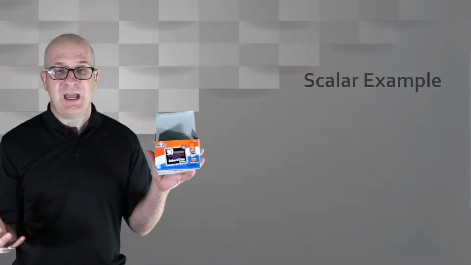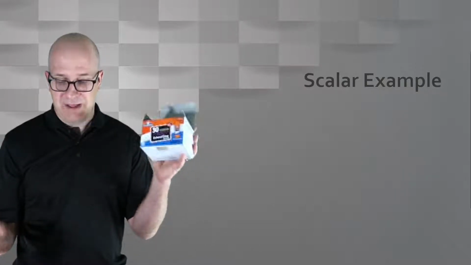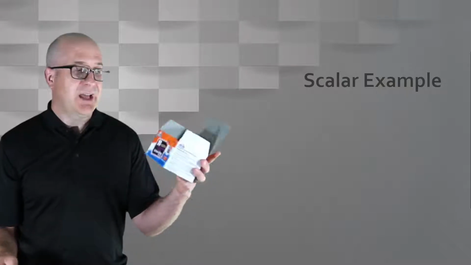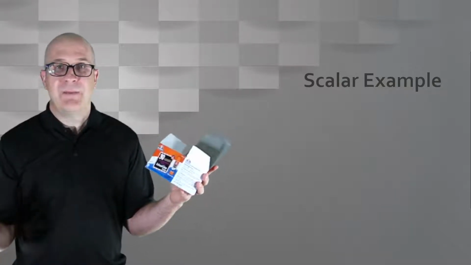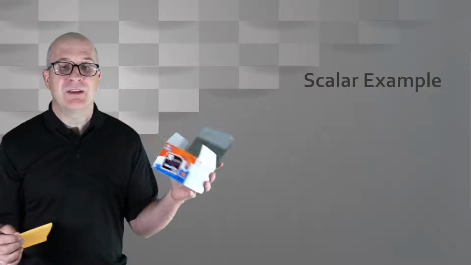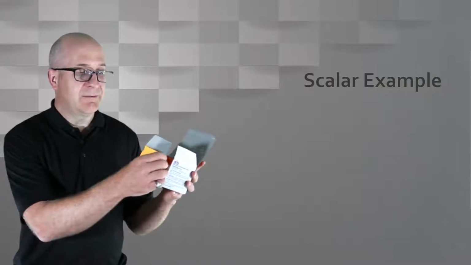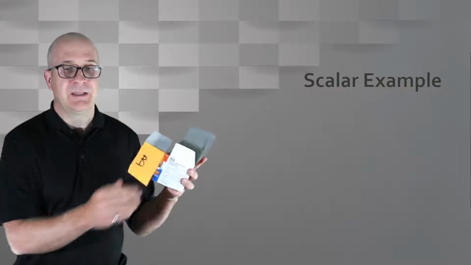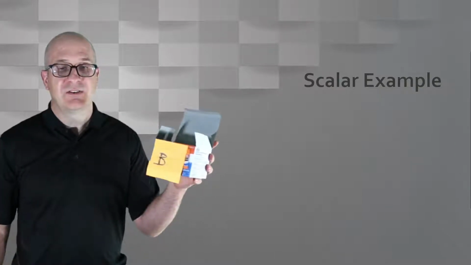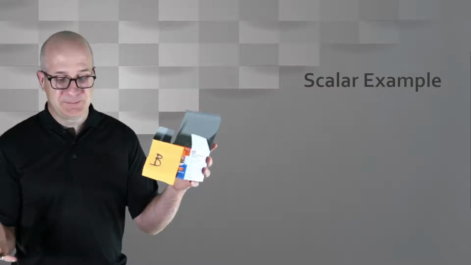So here's my box of Elmer's glue. It's an Elmer's glue box. And what I might do is call this container a variable. So I'm going to creatively call it the variable b, as you can see here. So it's a nice variable b.